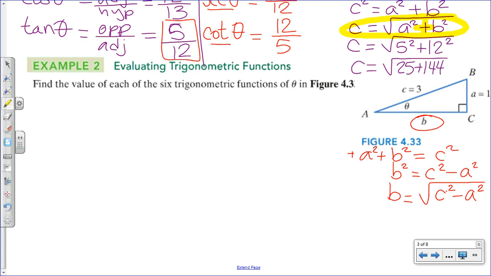But when you are trying to find one of the sides, whether it's a or b, you're going to be subtracting, it will be the square root of the difference between c squared and a squared. So please, when you take the exam, be very conscious about that, okay? If you need to add or subtract. Are you finding the hypotenuse or are you finding one of the sides, all right?